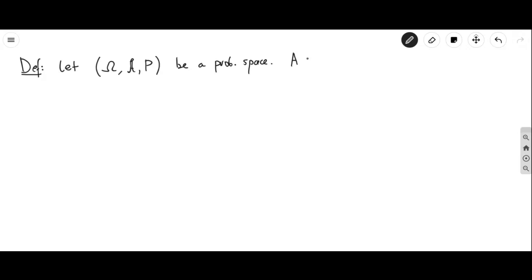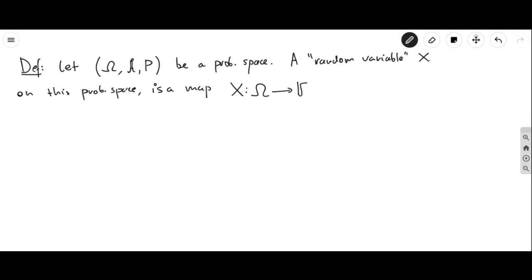And a random variable, let's call it X, on this probability space, is a function, a map from the sample space to the real line.